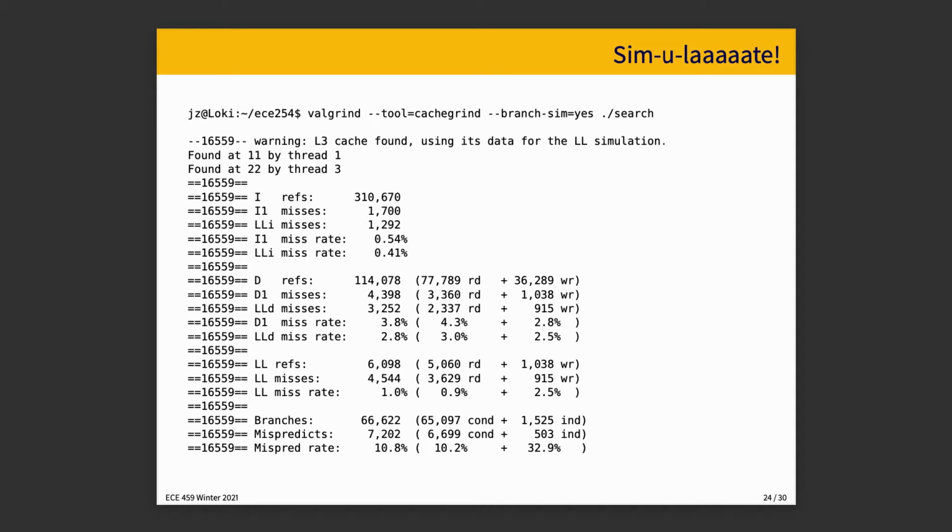We had this many data misses, and it's pretty good at telling you exactly all the information you need to know, and our last-level refs. Finally, a little summary about branches and branch mispredicts: there were 7,202 mispredictions, of which 6,699 were conditional branches, and our mispredict rate was about 10.8%.